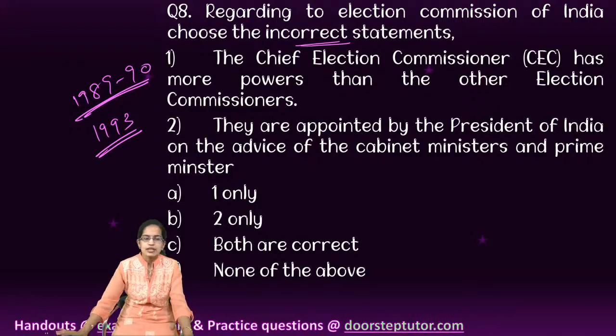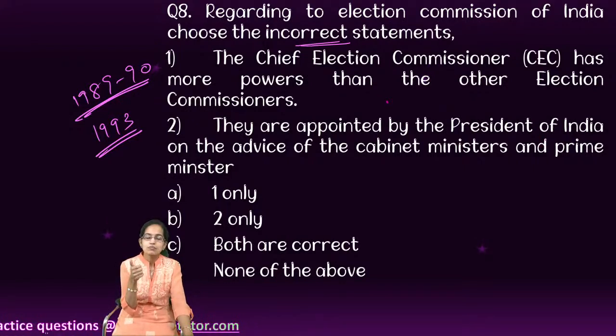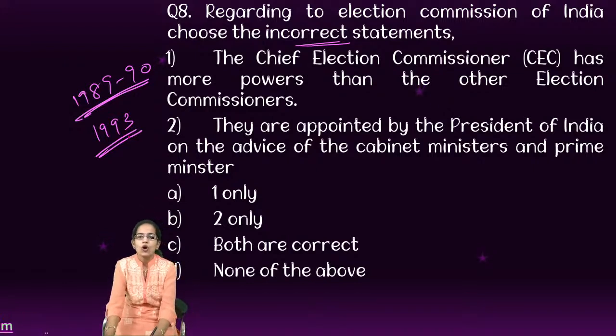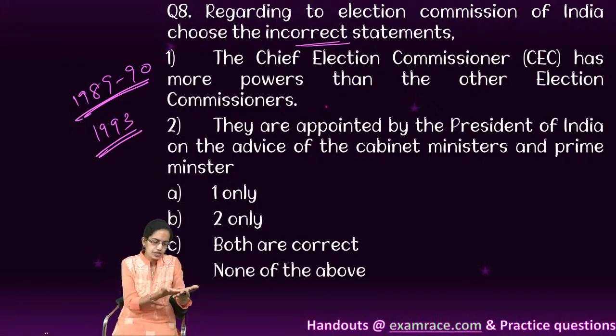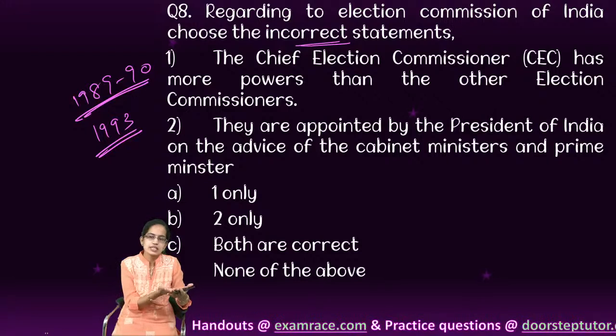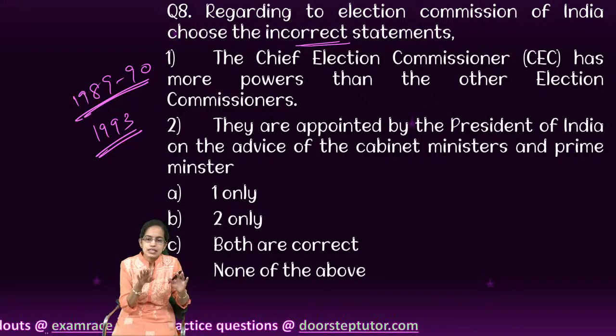Now understand, the statement that the chief election commissioner has more powers than other election commissioners is incorrect. All of them have equal powers. So the first statement is incorrect.